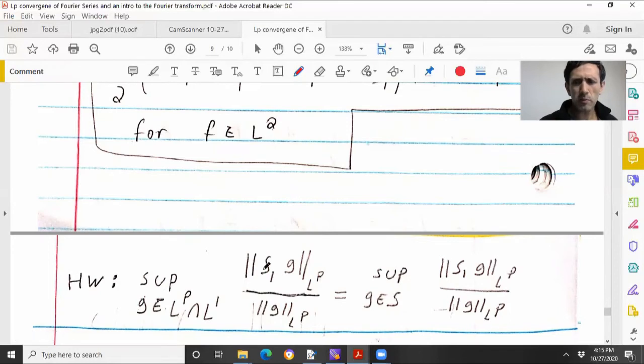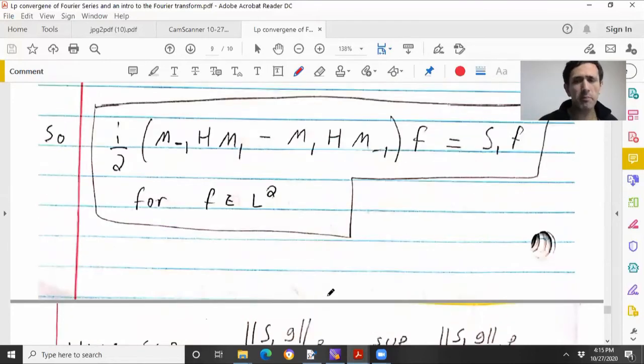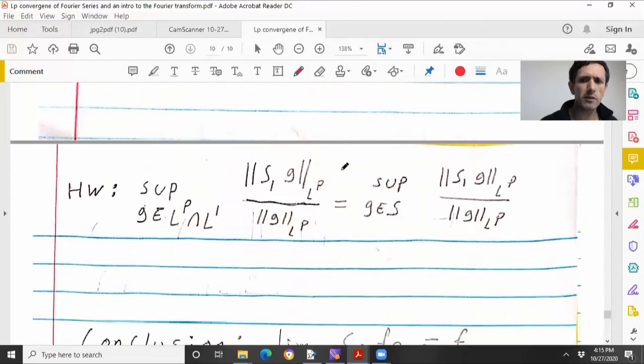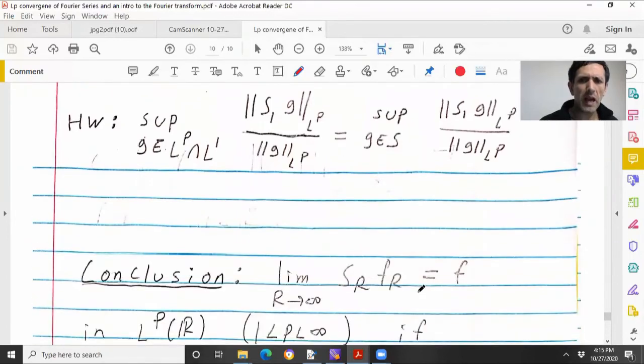Well, this supremum here is given by the same supremum, but we're just taking Schwartz functions g. Okay, so in particular, Schwartz functions are in L1, they're in L2, they're in every L^p for any p. So in particular, this holds for Schwartz functions. So putting this all together, we have our version of Fourier inversion for p between 1 and infinity.